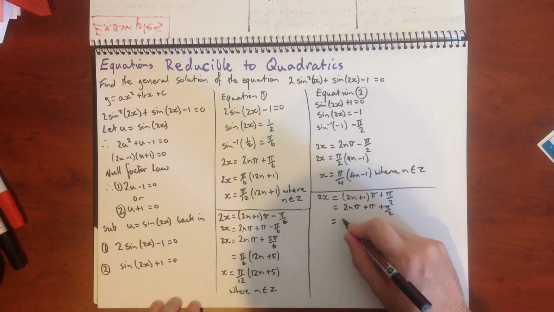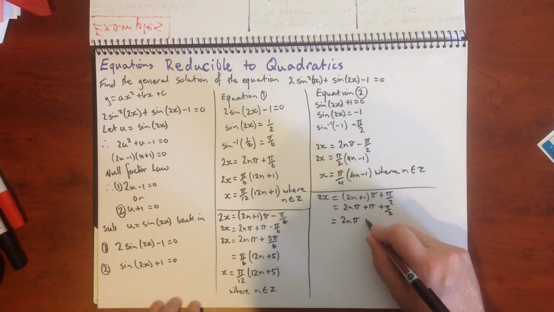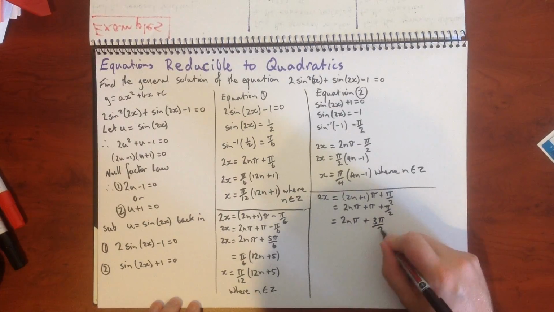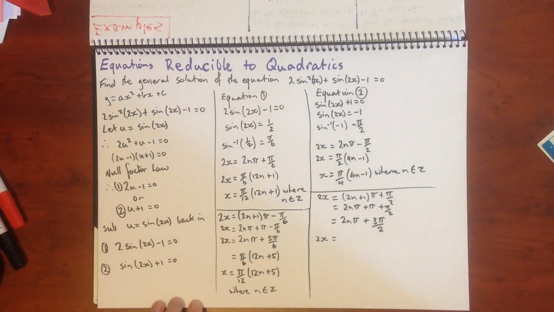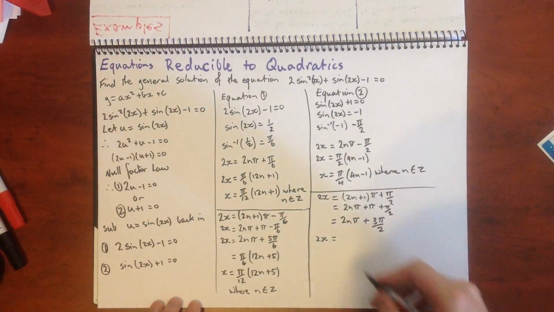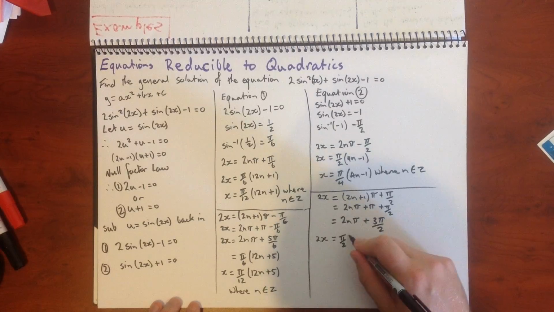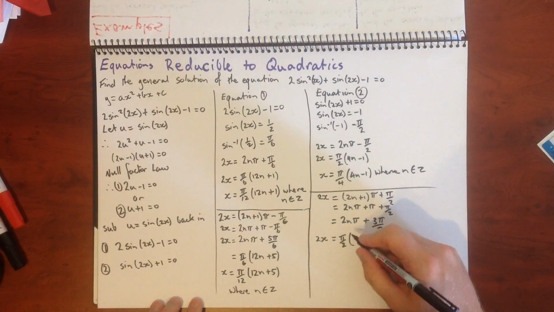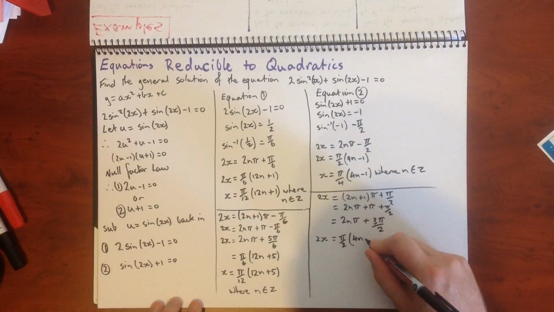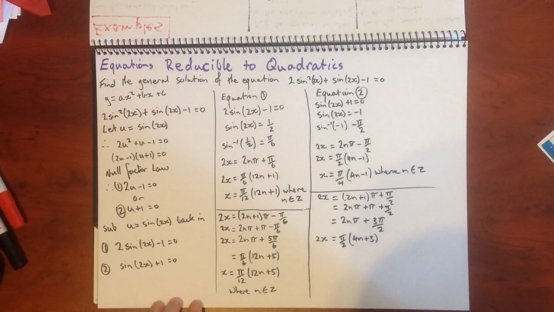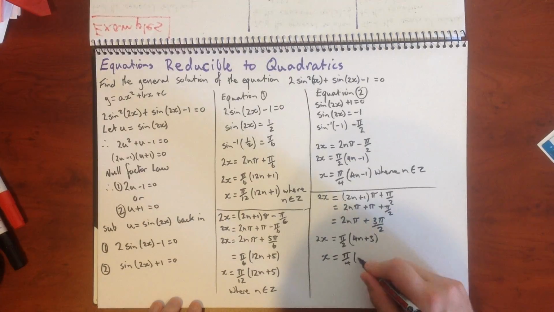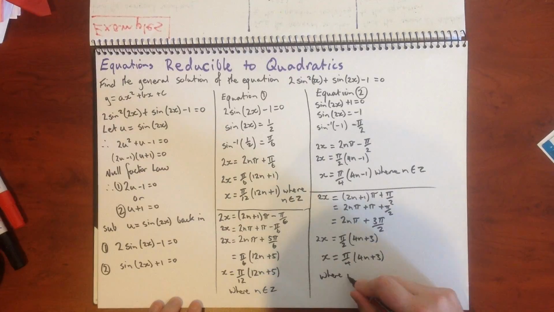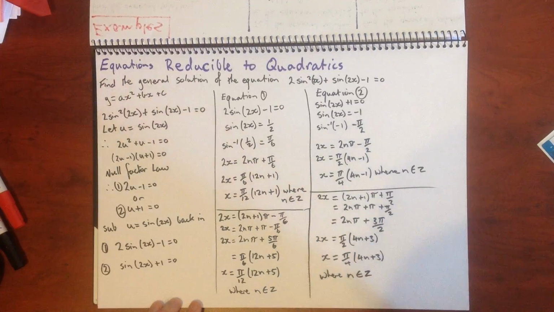Okay, so then we have 2n pi plus 3 pi on 2. Okay, we're going to this time bring out our pi on 2 again. So we've got pi on 2 outside of 4n plus 3. And we're going to divide by our 2 to get pi on 4 outside of 4n plus 3, where n is an element of z.